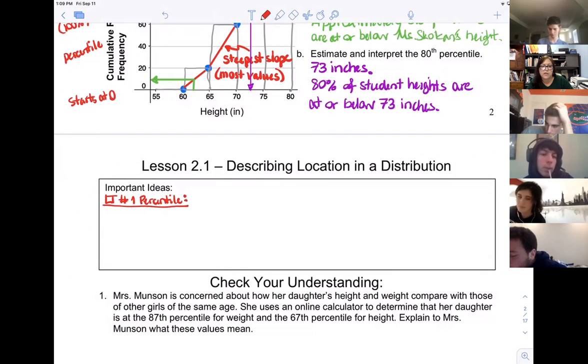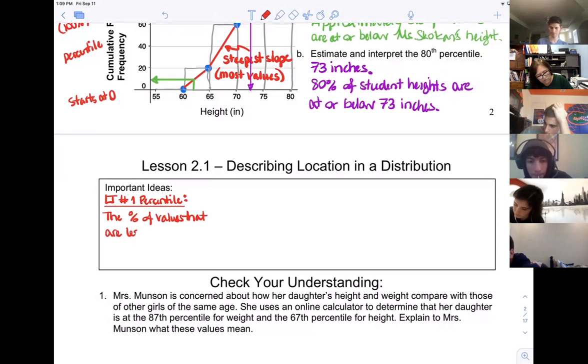There are multiple ways to calculate percentile, but the way that we're going to interpret it is that less than or equal to. So this is going to be the percent of values that are less than or equal to a given value.